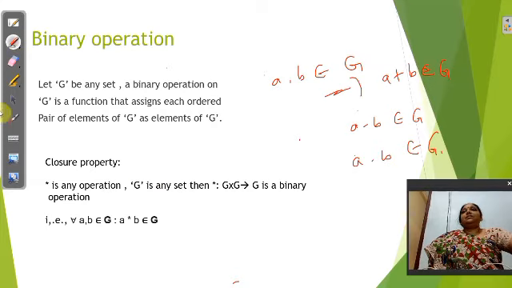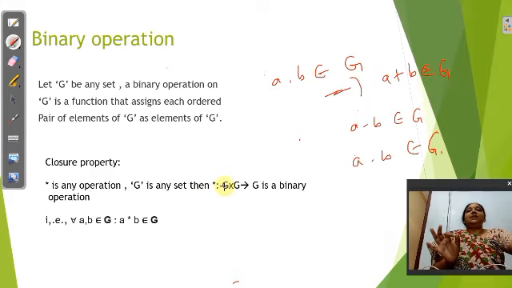Here, if we see the closure property, star is any operation and G is any set, then star from G cross G to G is a binary operation.